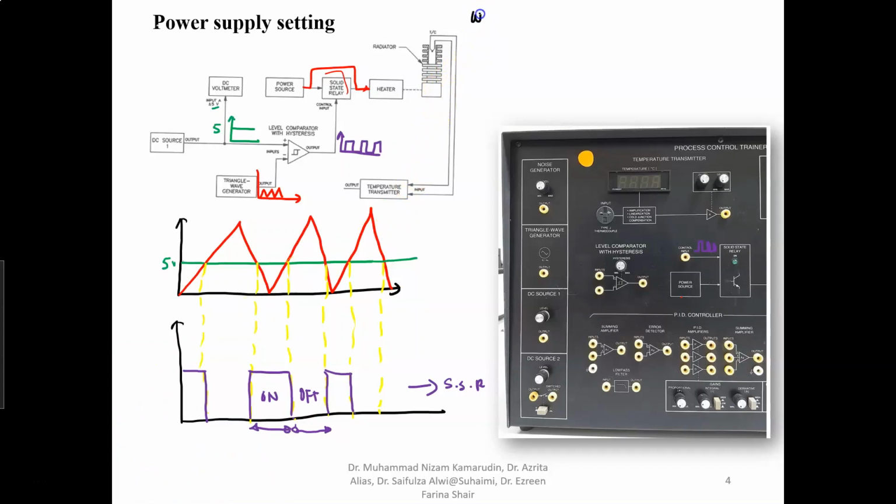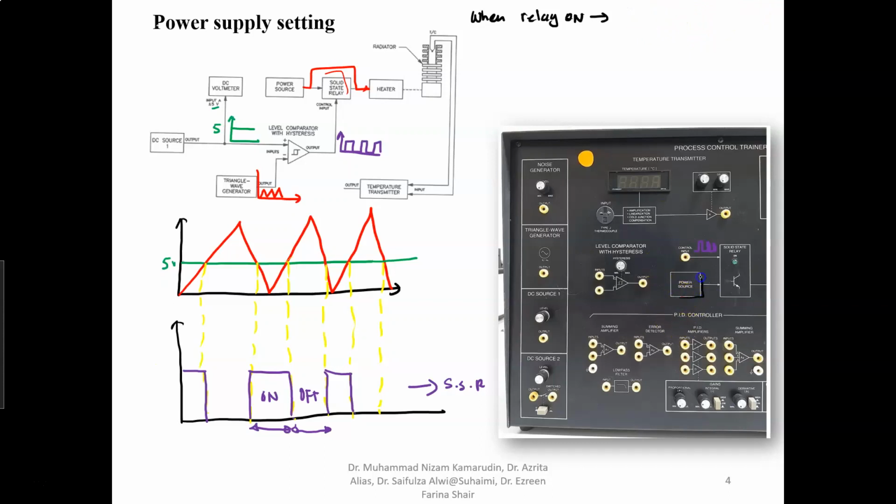Okay, and from here we can conclude that when the relay is on, which means on time, there is 5 volt, sorry, it's not 5 volt, it's the source.